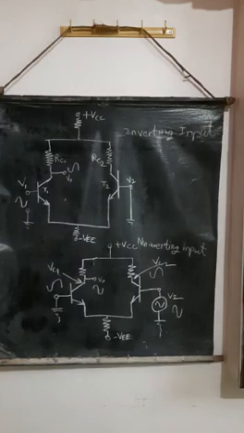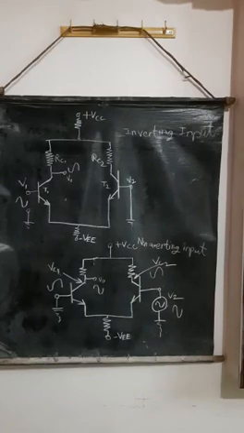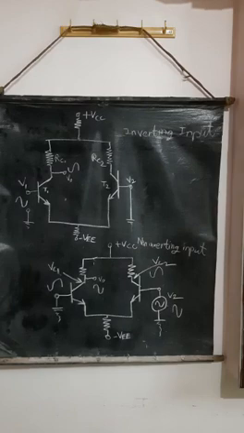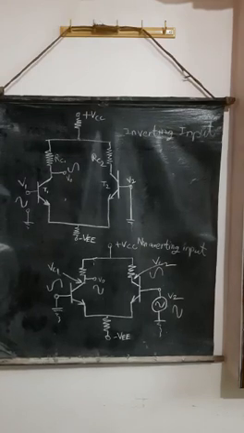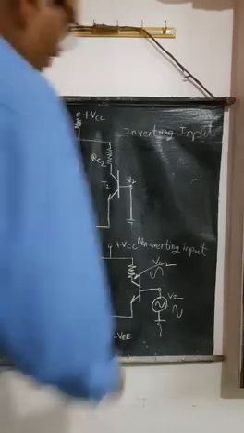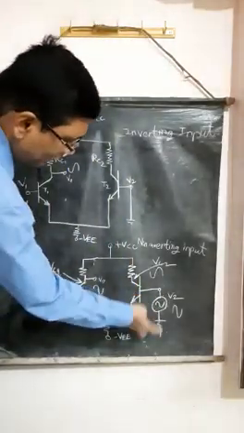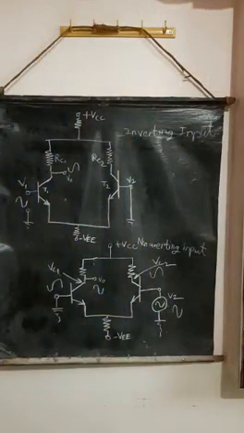Okay. Now we will see second, non-inverting input. In this non-inverting input, the base of the T1 is grounded. Now when the base of T1 is grounded and signal is applied to the T2, non-inverting signal, when this is grounded and we apply signal to V2, then what happens we will see.